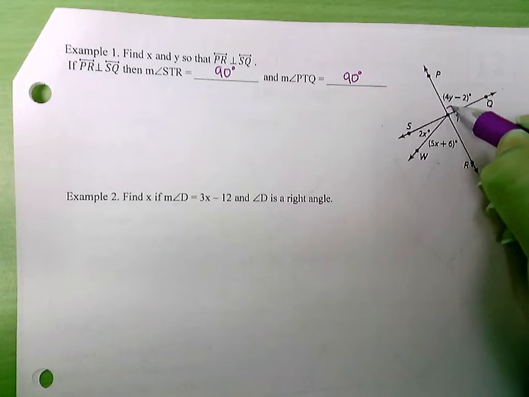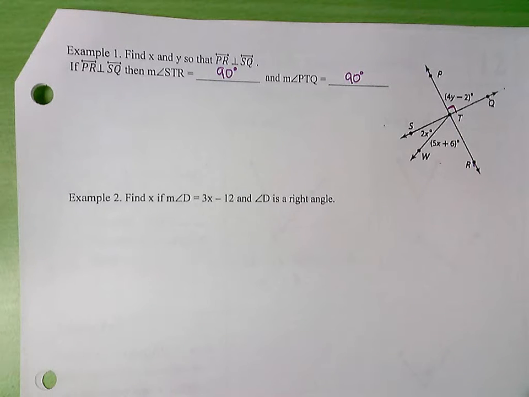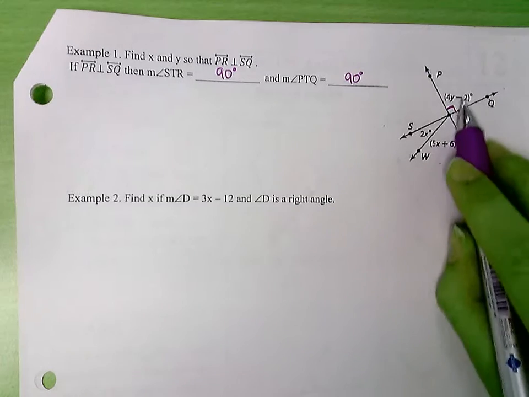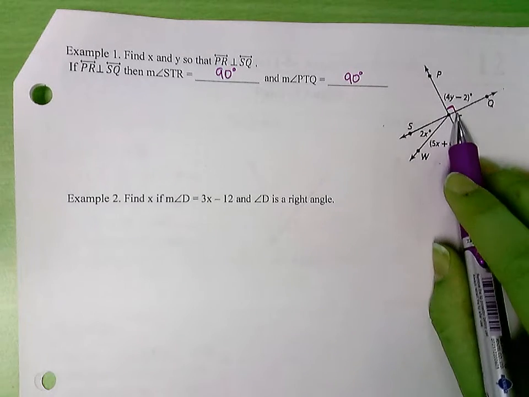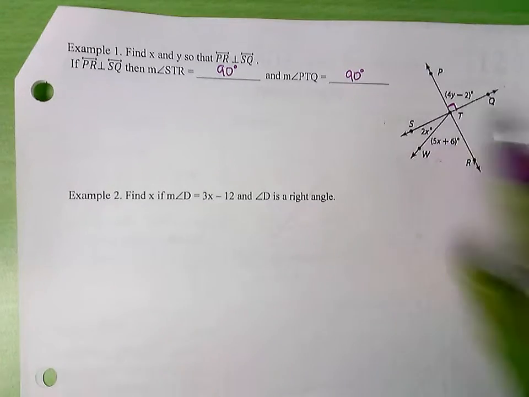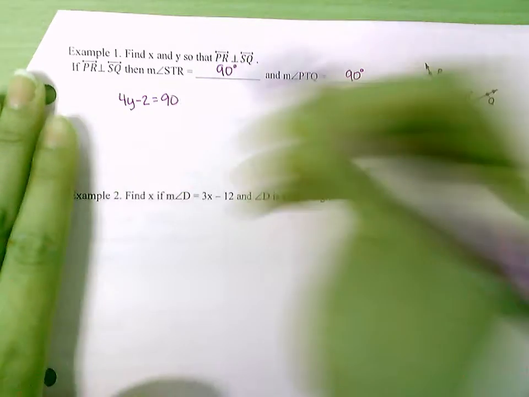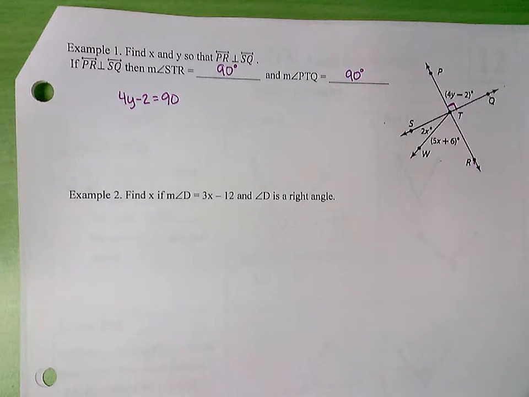If this is 90, I'm going to label it with that square in the corner. To set up an equation, I'll solve for y first, just because I used that one first. I take that 4y minus 2 and set it equal to 90 because I want it to equal 90 degrees.